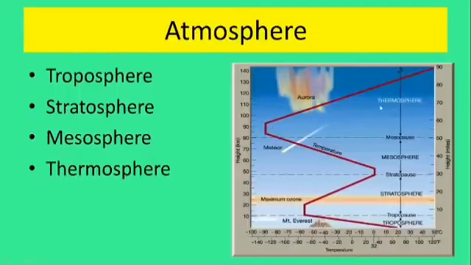A number of ionization reactions take place within thermosphere, and that makes the temperature of this layer quite warm. There are ionic oxygen atoms and other ions in this layer which absorb short wave solar radiation and increase the temperature rapidly from -90 to 1200 degrees Celsius.